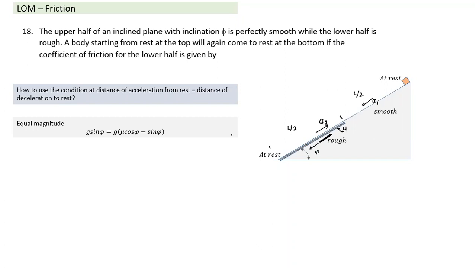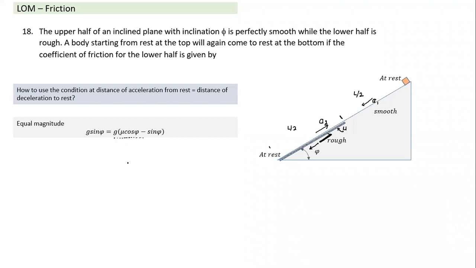Since this is acceleration, I divide by m. So which one do I write first? I write the friction force minus mg sine phi. So this would be the retardation. Equate those two, and I get my answer very quickly.